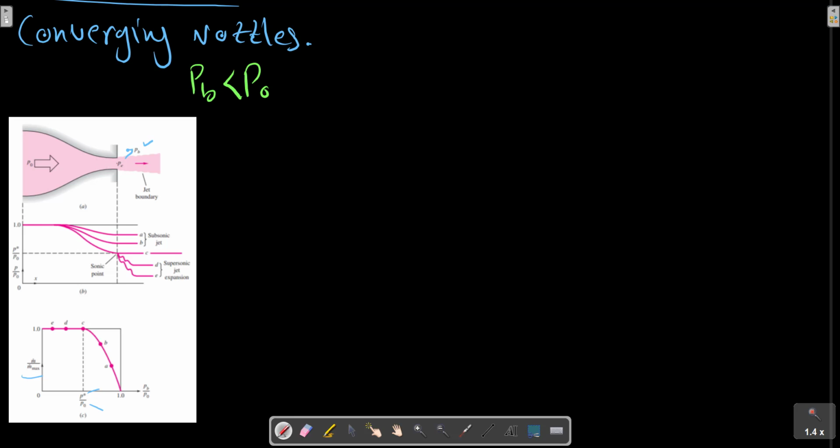Let me write for moderate drop. We have the moderate drop shown in cases A and B. We have these diagrams.